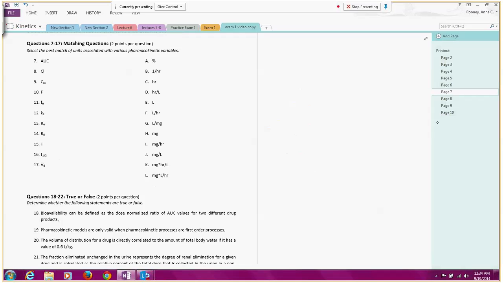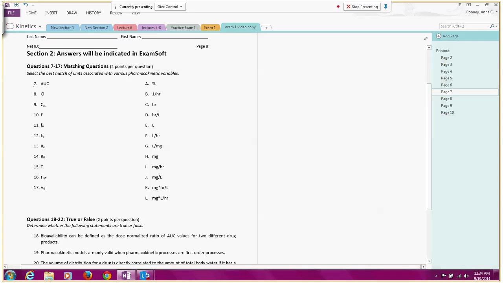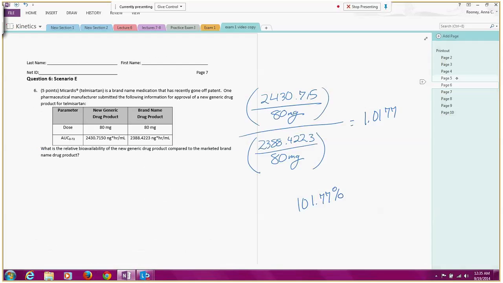The matching: the thing with this exam was that you should use the exam to your benefit. The only one that you didn't have in the exam previously, like AUC, you could have looked back and gone, yeah, it's milligrams per hour per milliliter.